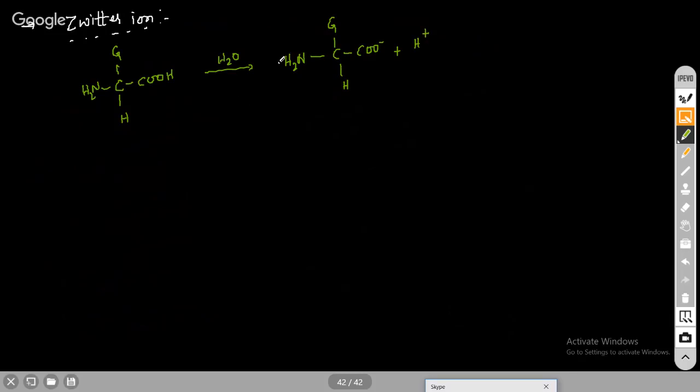Since the amino group is basic in nature, it has a tendency to accept H plus, so the H plus is taken up by NH2 and forms NH3 plus. Now this ion is neutral and dipolar, since we have two charge points. This ion is nothing but deuterion.